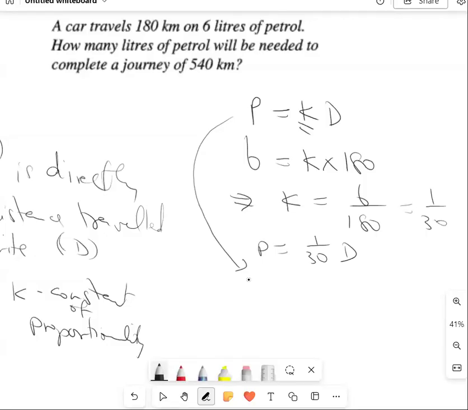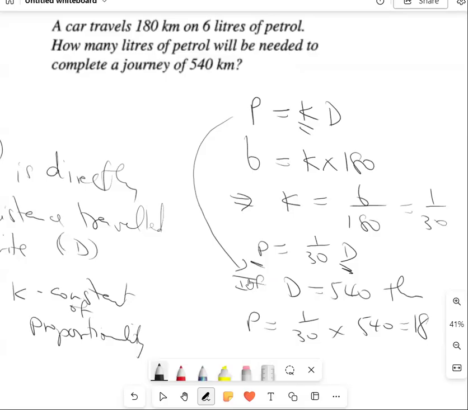So once we know the distance, we can calculate how much petrol is needed, right? So if D equals 540, then P equals 1 over 30 multiplied by 540, which should give us our 18 liters.